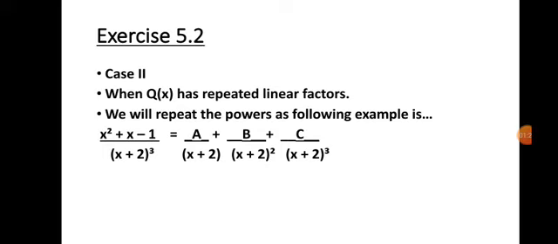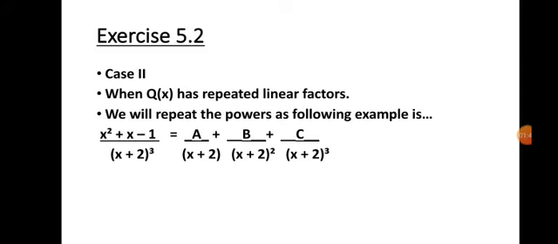So (x square plus x minus 1) over (x plus 2) whole cube. The first necessary step that I mentioned in my previous lecture was that first of all you will have to check whether the given rational fraction is proper or improper.